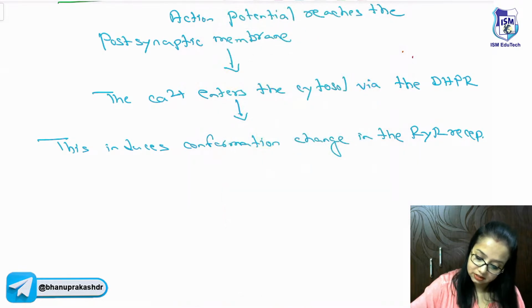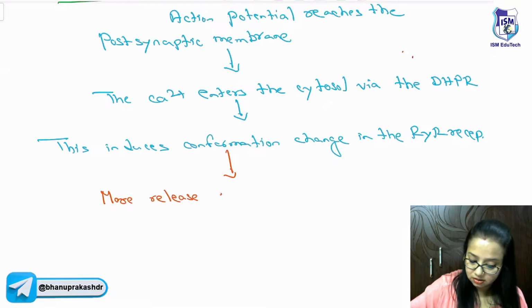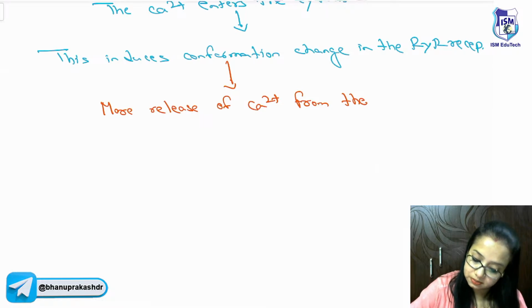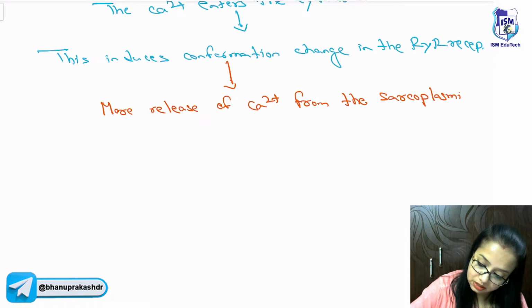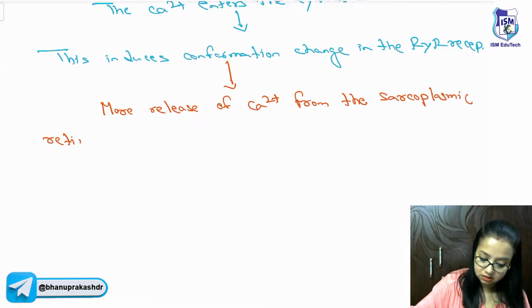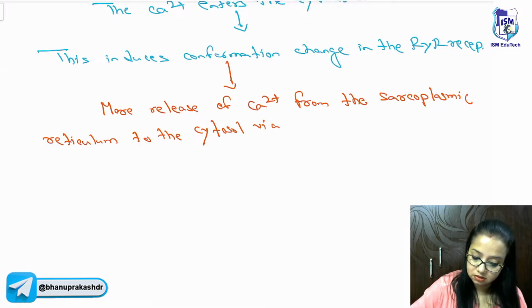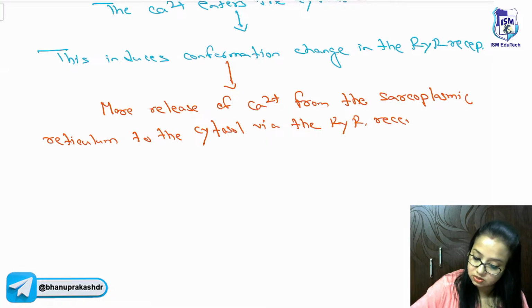There is more release of calcium from the sarcoplasmic reticulum to the cytosol via the ryanodine receptors.